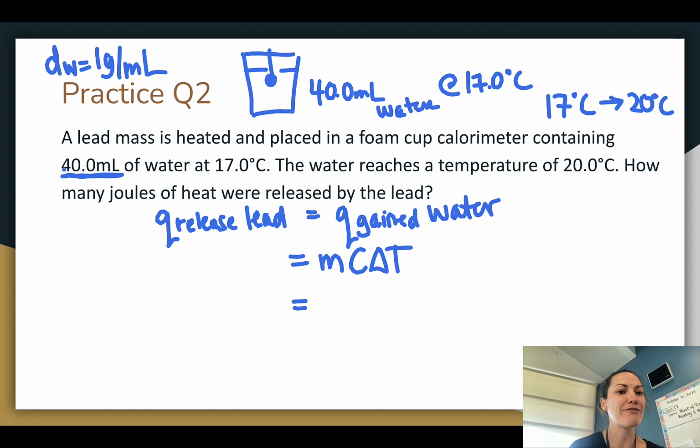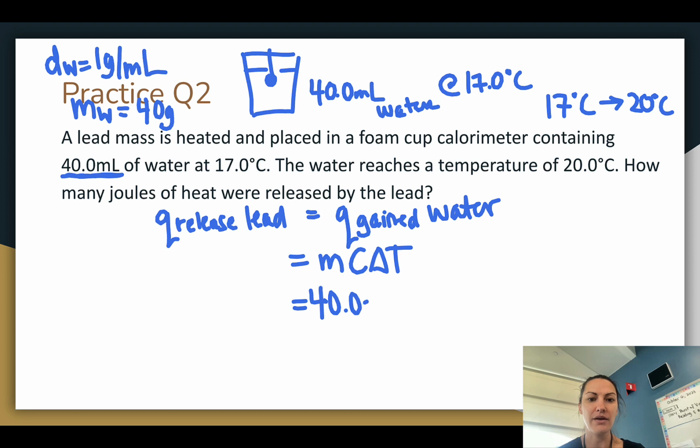So if we have 40 milliliters of water, our mass of the water is going to be 40.0 grams. Our specific heat of water is 4.184 joules per gram degree Celsius.